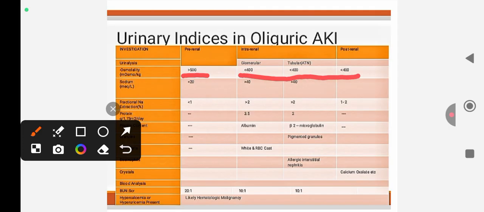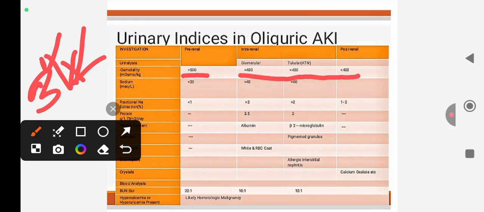Osmolality is the concentration of the urine. Why is it high in prerenal? In prerenal there is volume depletion. Remember, blood volume reduces, so the body tends to reabsorb any available water in the kidney, leading to increased osmolality.